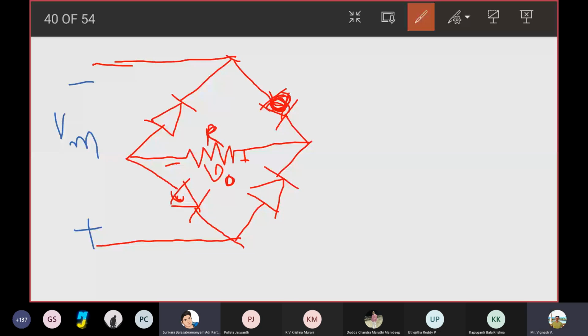How would the current flow be? The current flow will be in this direction, right? So which are the diodes which are off? D4, sir. Right. So if you are going to write KVL, what will you end up getting?